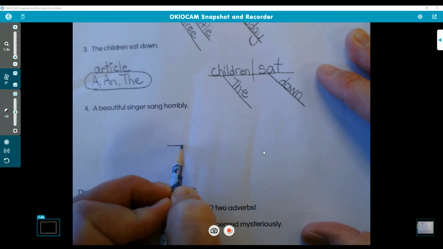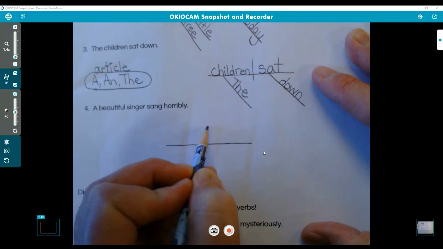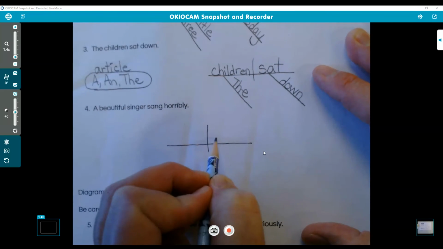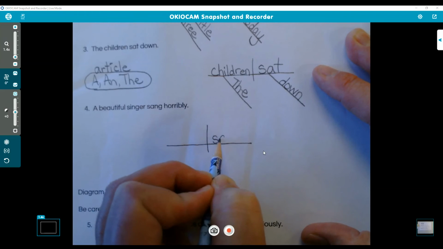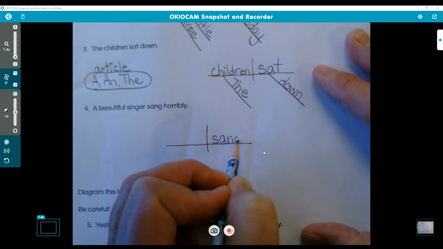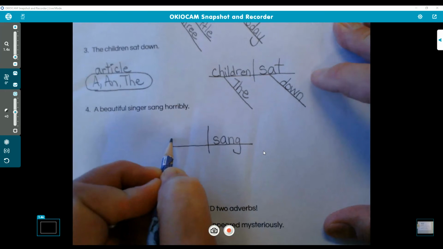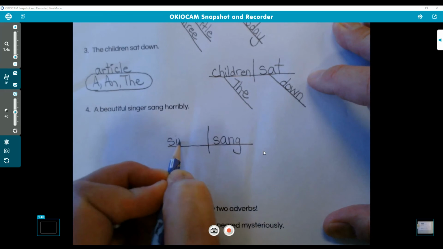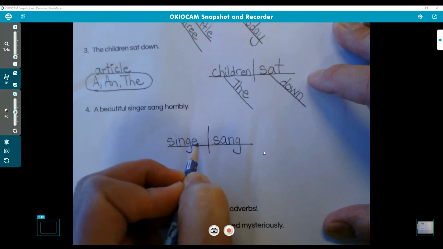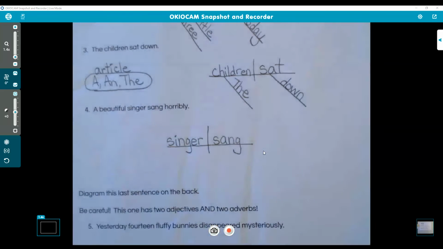All right, looking at our core, our action, right, our verb, sang. Who or what sang? Well done. Singer sang. We have found our core. Singer sang.